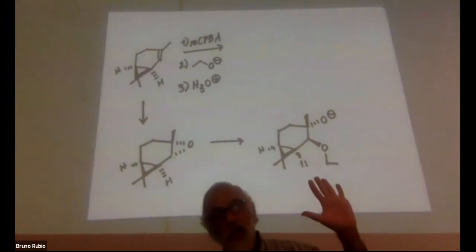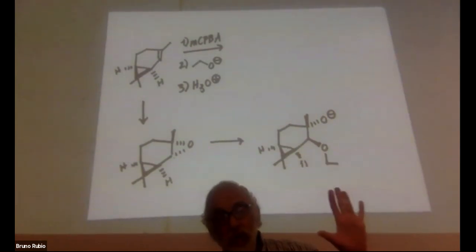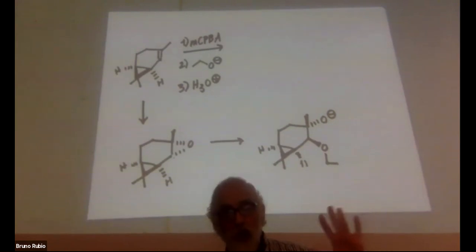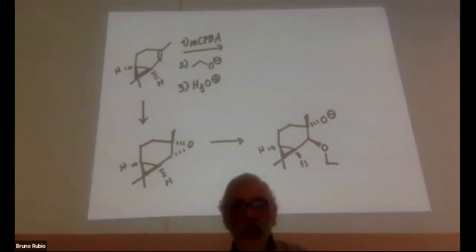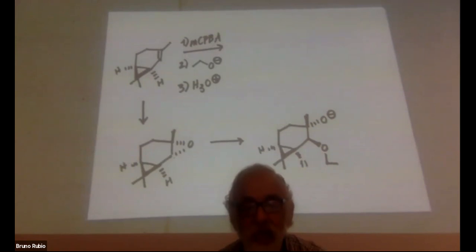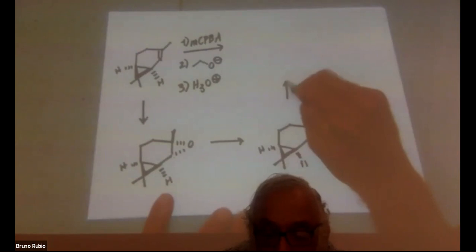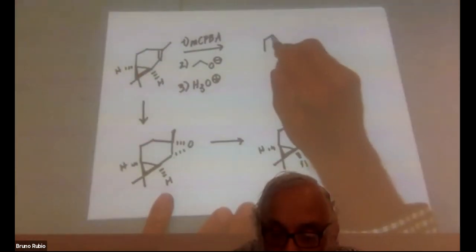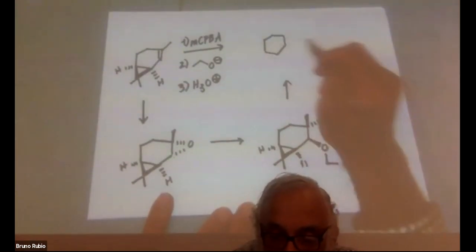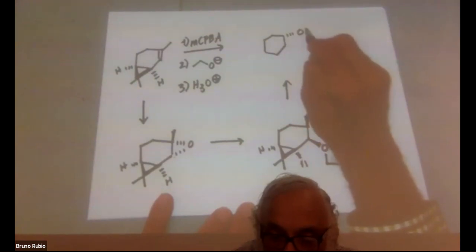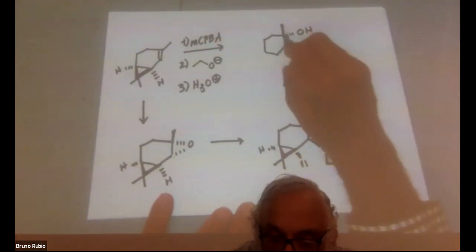Now, step 3 is just a workup step, which normally follows attack of the epoxide by a base. And all step 3 does is protonate that O minus.